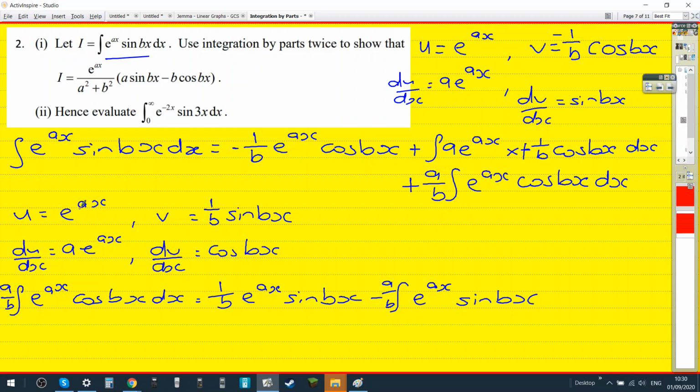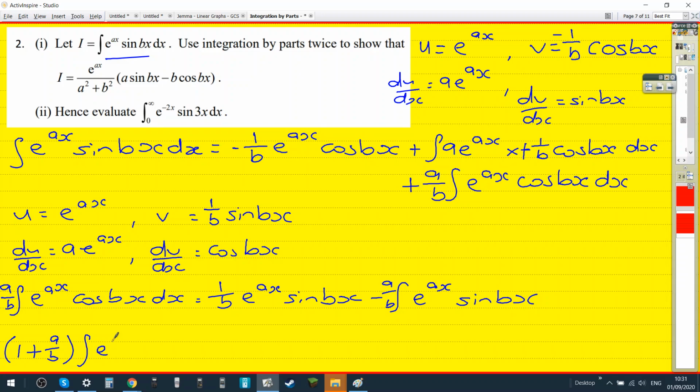Oh, yeah, you can. I forgot it's like the whole thing. I don't know what you do with the constant, but you can add the e to the ax sine bx to the other side. I believe the constant would just be 1 plus a over b.